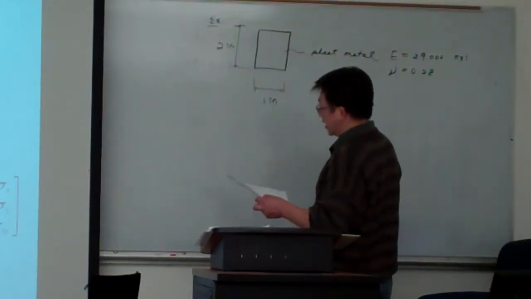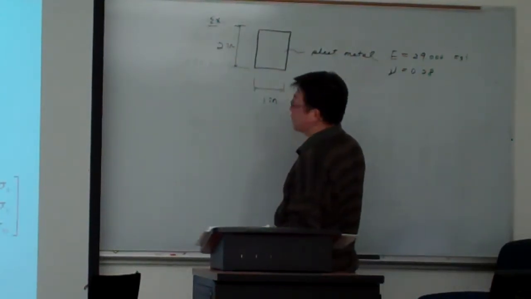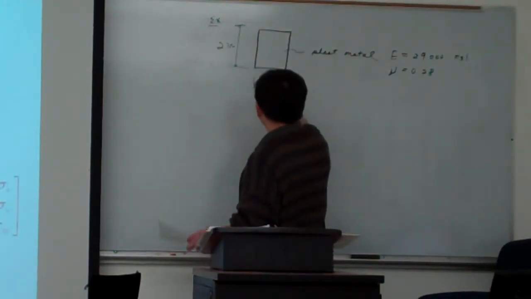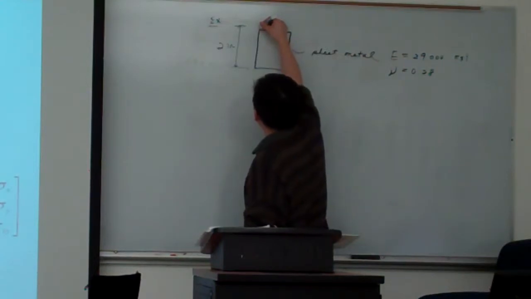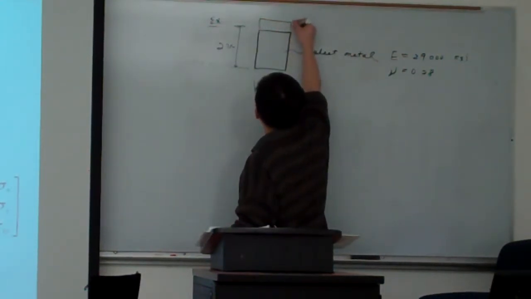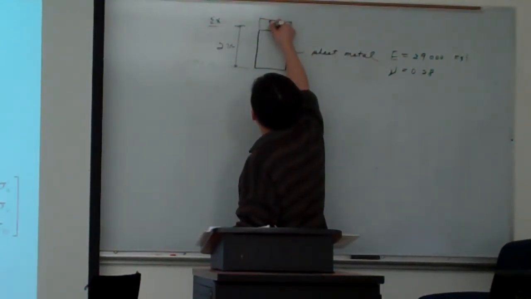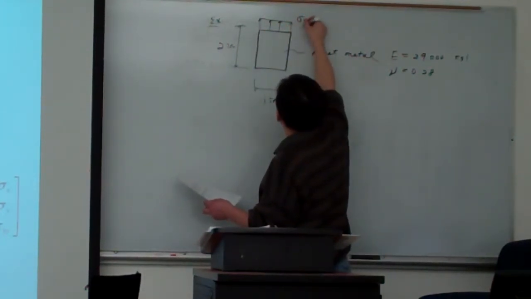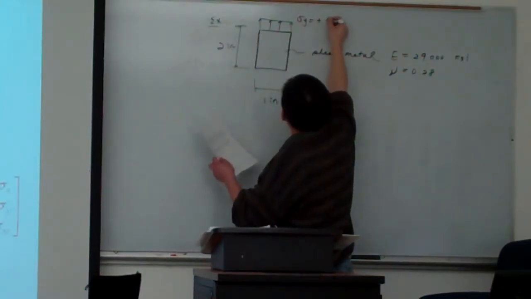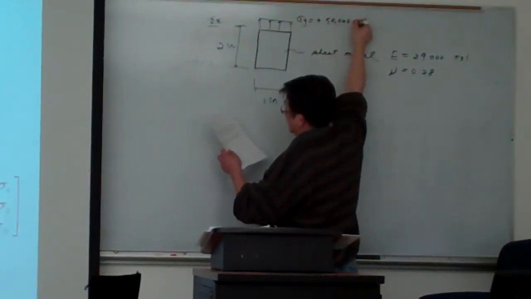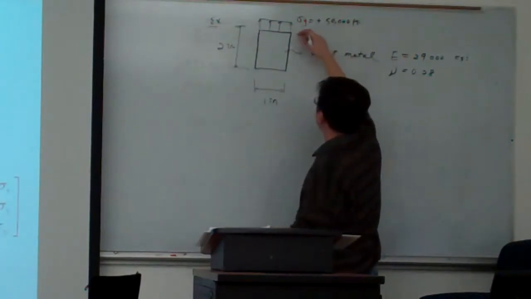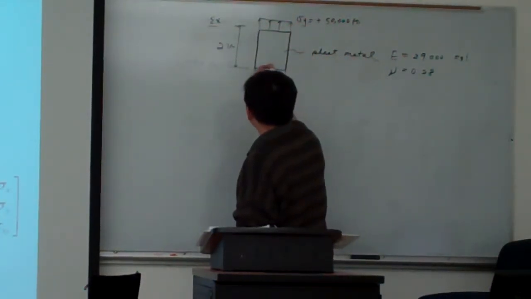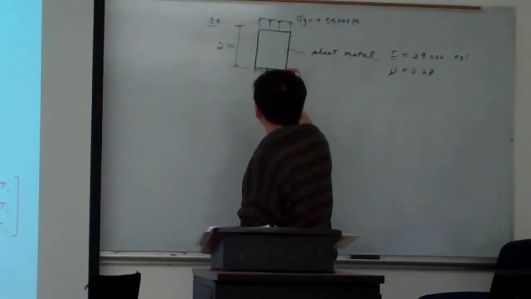Given this information, we apply the loading and the constraint. On the top, we apply a uniform traction, a uniform stress sigma y equal to positive 5,000 psi. So the stress is to pull up the material.